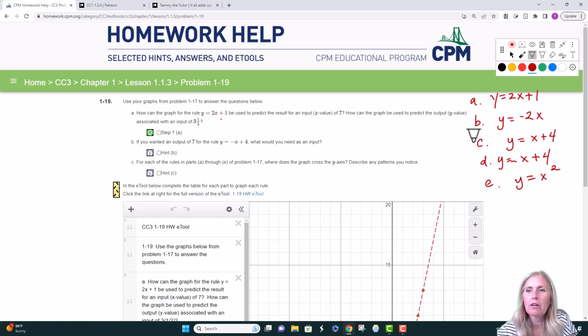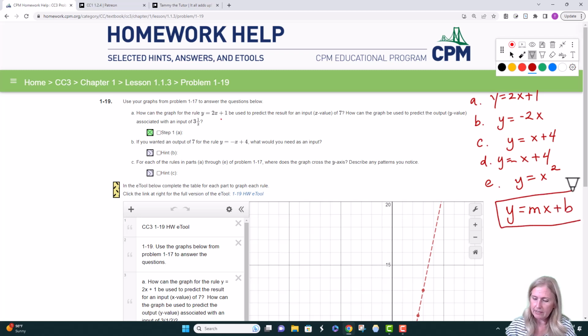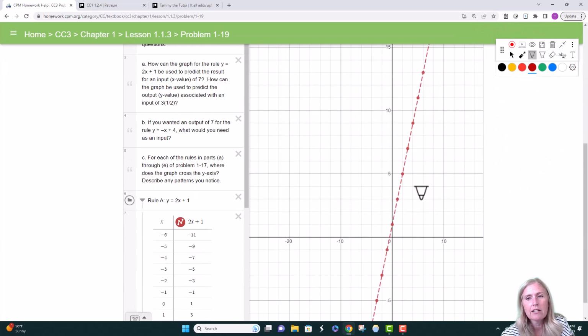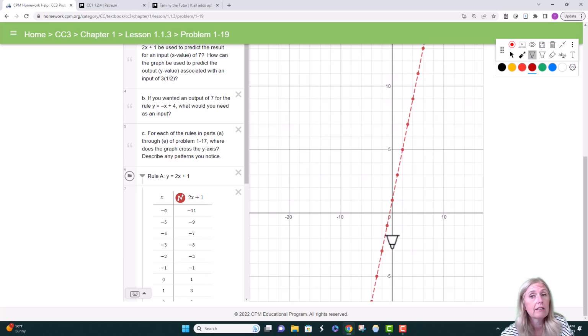So I'm going to skip down here to C. I'm going to tell you this first. y equals mx plus b. This right here, you guys, is the equation of a straight line. These are all patterned after this. And when you graph one of them, look here, it is a straight line. It's slanted, but it's a straight line, okay?